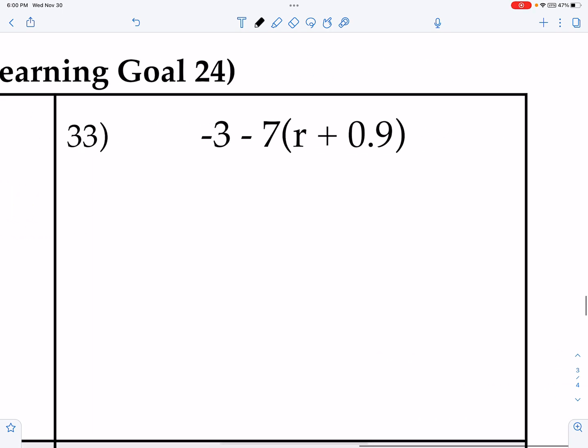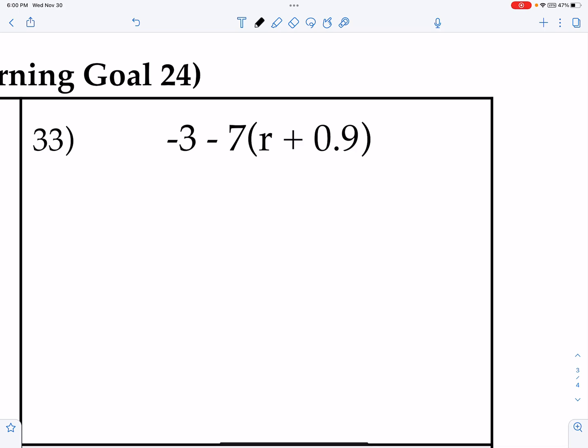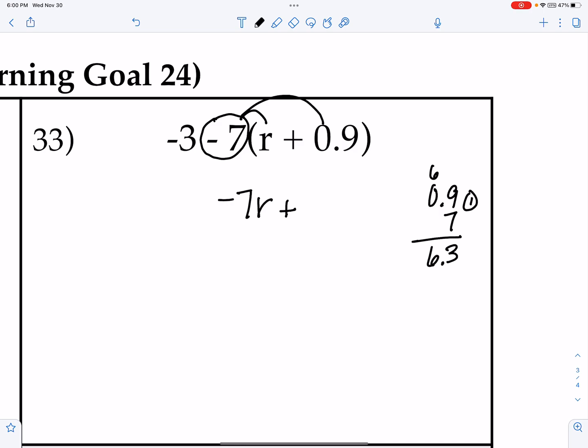All right, number 33. Very first thing is distributing. I don't want to forget to distribute this entire term. So I'm just making that stand out. So I have a negative 7r plus, and now I have the negative 7 times 0.9. So that's 0.9 times 7 is 63. 7 times 0 is 0 plus the 6 is a 6. And then there's 1 decimal movement. So I have a 6.3 over here. Okay. Pay attention, is that positive or negative?